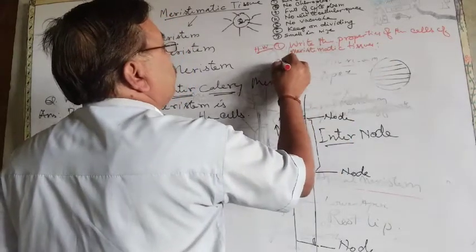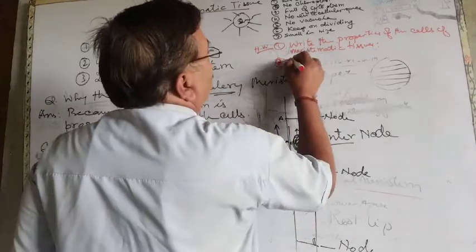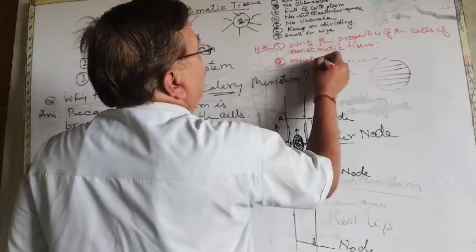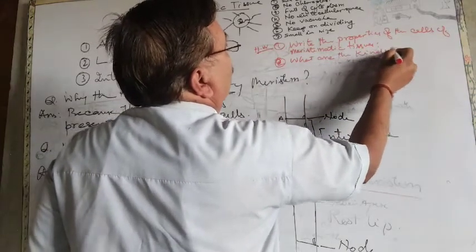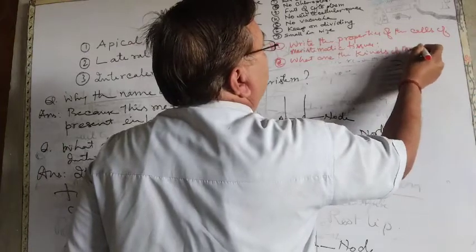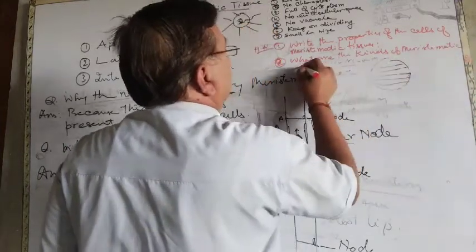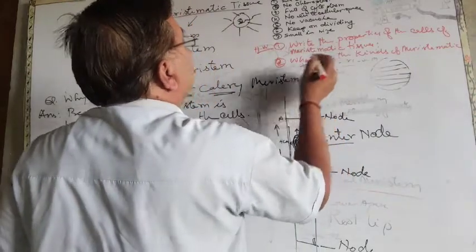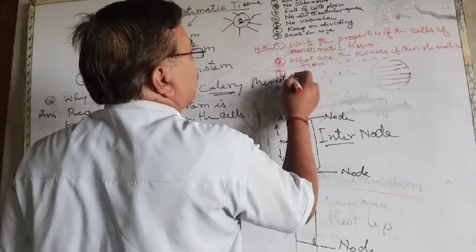Question number 2 is, what are the kinds of meristematic tissue? What will be the answer? Apical, lateral and intercalary.